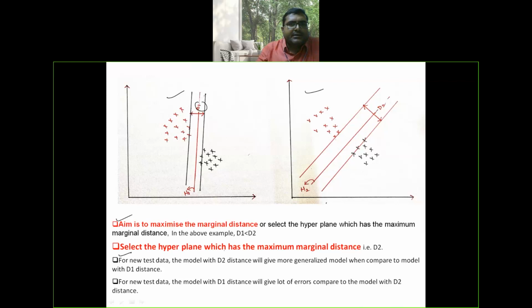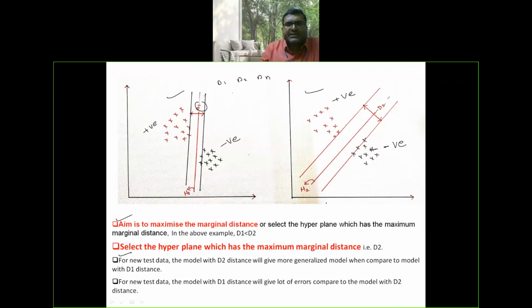If we observe the two diagrams, as discussed in the previous slide, there is positive data and negative data. For n number of iterations, we have to calculate the marginal distance like d1, d2, and so on up to dn.